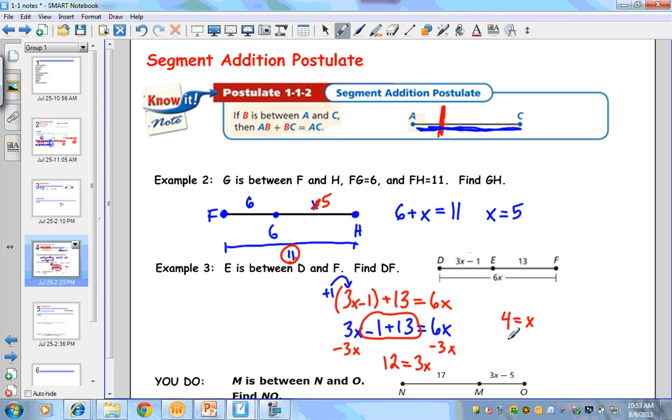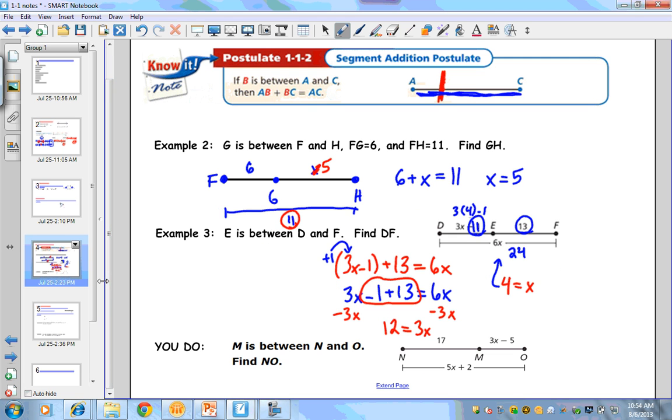But unfortunately, in Coach Ford's class, you have to check your work. So when I take this 4 and plug it back into this problem, that would be 3 times 4 minus 1. This gives us 3 times 4 is 12 minus 1. This gives us 11. We have 13, so 11 plus 13. Let's see, 4 times 6, that gives us 24. So 11 plus 13 gives us 24. Your answer is good because you checked your work.